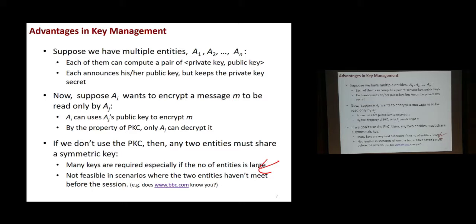As an example, you visit bbc.com using the browser. There is some underlying authentication involved using public key cryptography. If you want to visit bbc.com, in the first place, does BBC know you? Were you able to establish a key with BBC so that you can use symmetric key encryption?